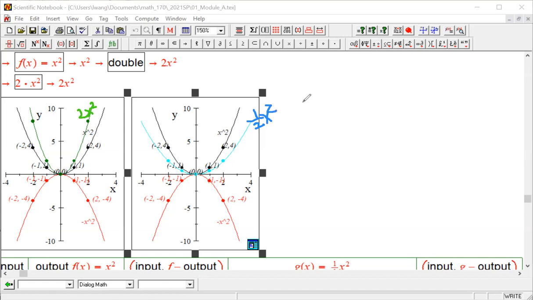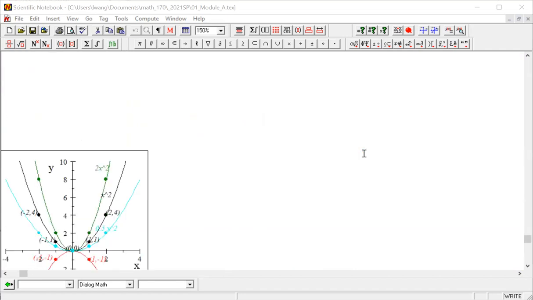How about the red? The red is negative x squared. Okay, so this is the situation when we have all of them together. So you're going to see the picture with all of them together.